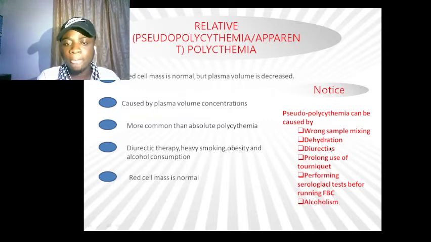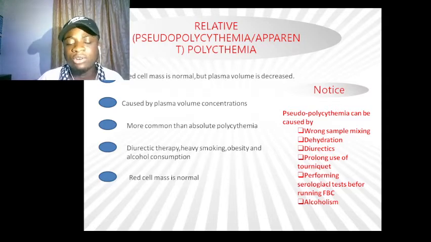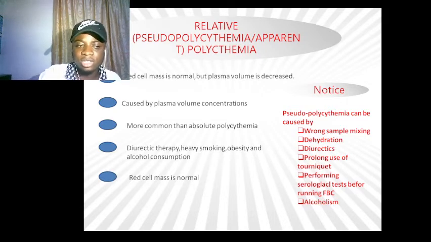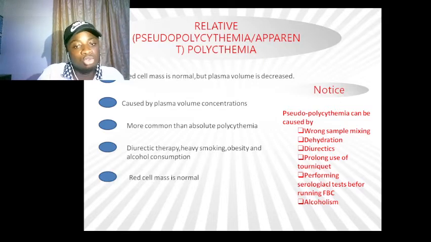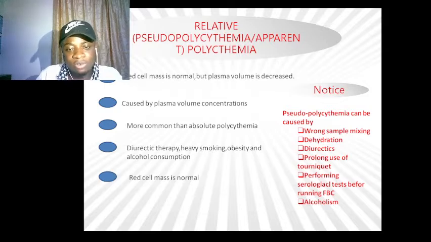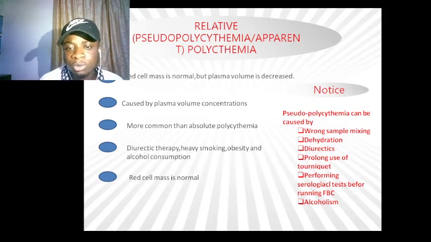Take note of that. So diuretics, maybe someone who is on prolonged diuretic therapy, long-term diuretic therapy. Diuretics like mannitol and acetazolamide, those osmotic diuretics, they cause loss of fluid from extracellular compartment, and so you are going to lose water from the plasma compartment, and plasma volume will be low, and so there will be pseudo polycythemia.